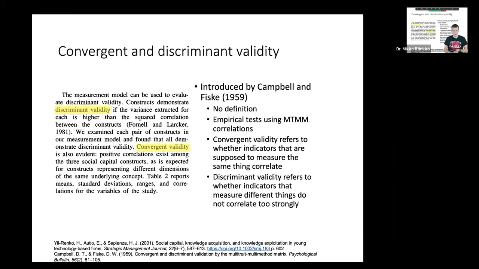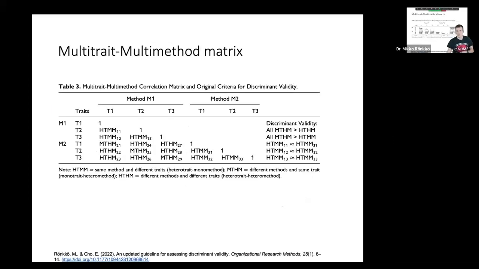The original paper about convergent and discriminant validity used this thing called the multi-trait multi-method matrix. The idea of the multi-method multi-trait matrix is that you are measuring at least 2 different traits with at least 2 different methods.